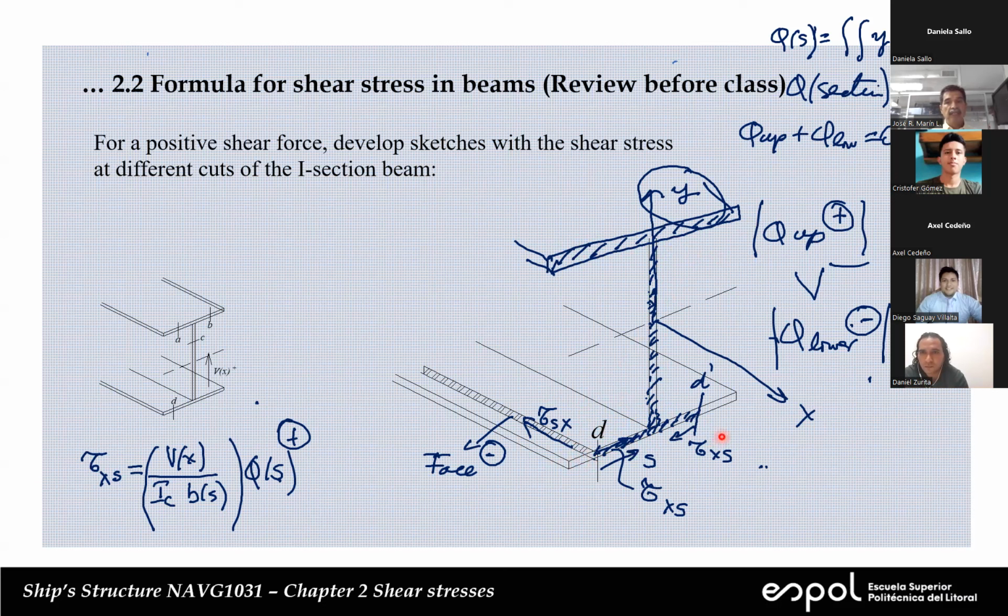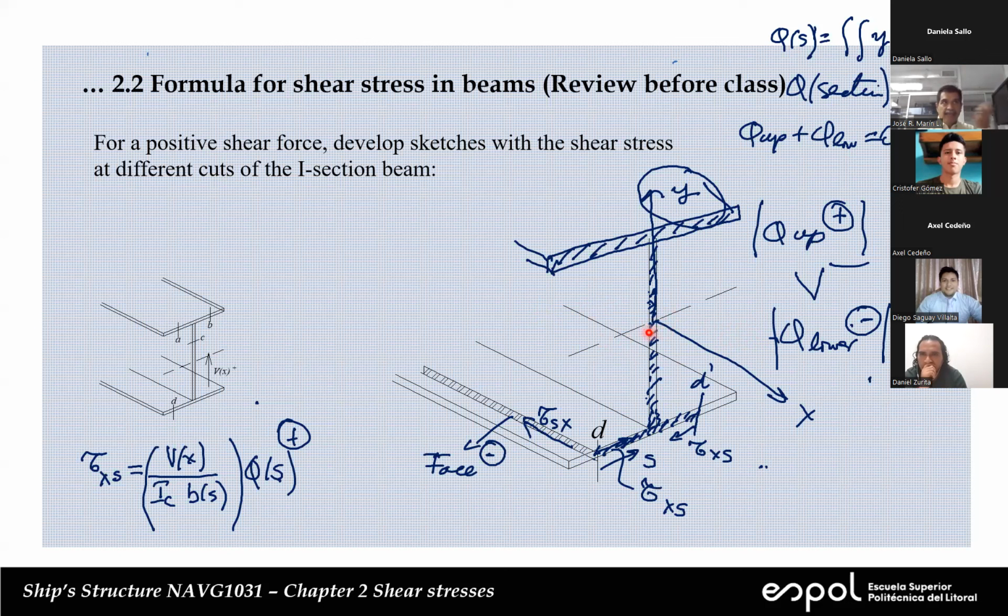Because if we consider this and that, together with everything else, the integration of Q would give us zero. Because remember, that's the condition, because we have no net axial force on the whole section. And in chapter 1, we concluded that the only possibility that this would be zero when we integrate the normal stress over the whole section was that the origin would be located at the centroid of the section.